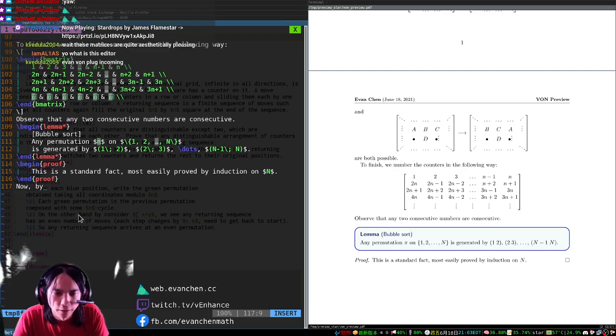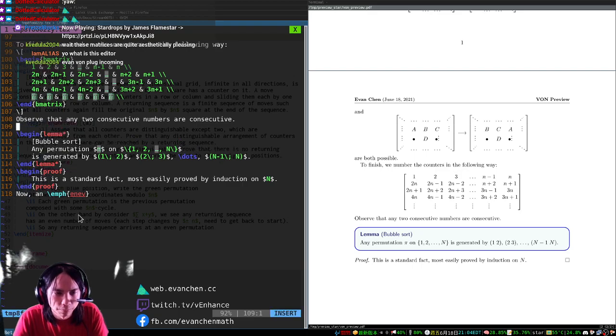Now, an even permutation can be generated by an even composition.